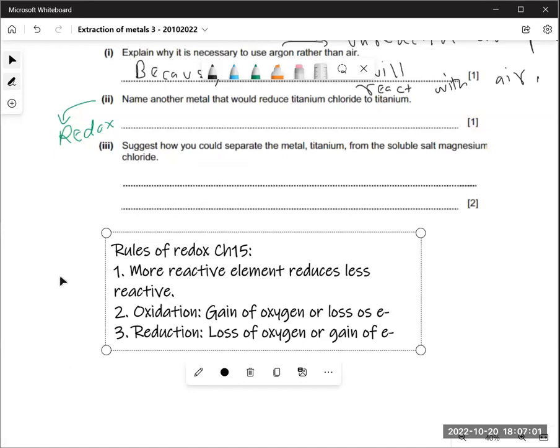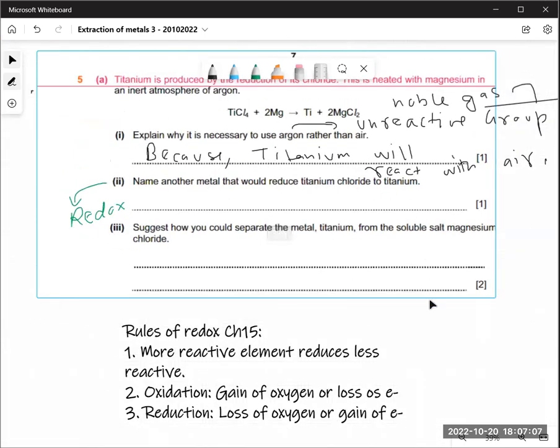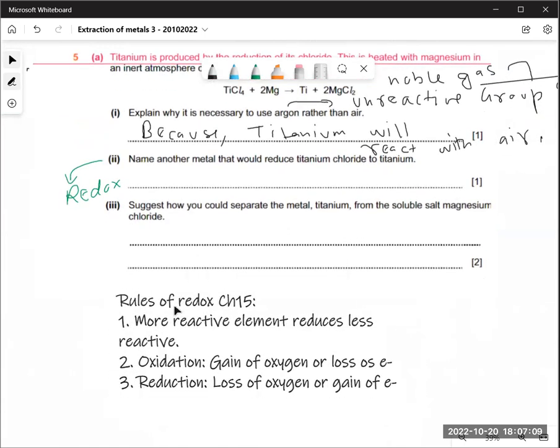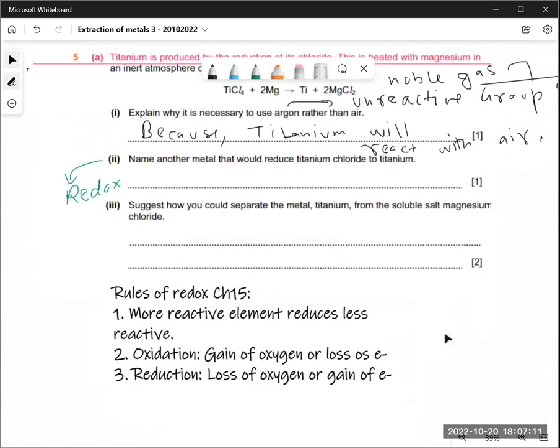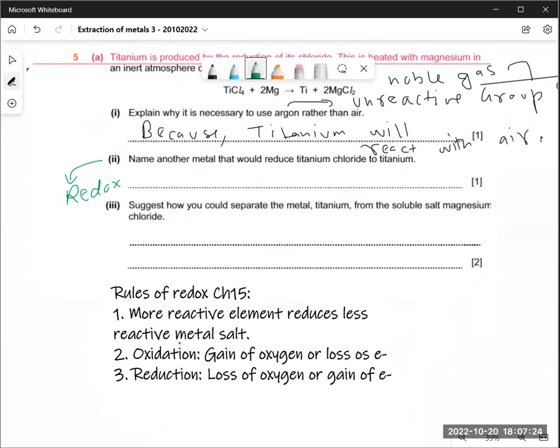Fine, that's done. Now let's look over here. Name another metal that would reduce titanium chloride to titanium. Can you tell me which metal will reduce titanium? Now put this at the end here as well: a more reactive element reduces a less reactive metal salt.